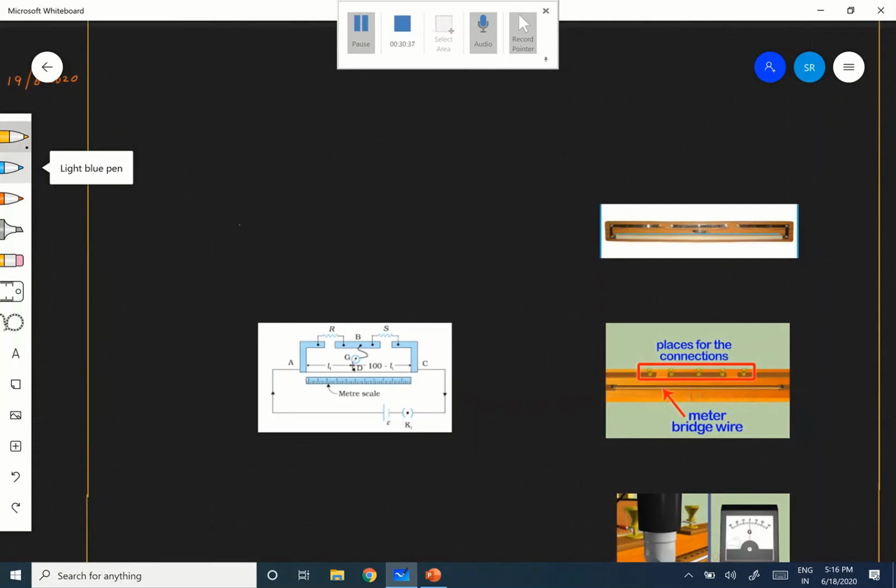See here, this is what is called the meter bridge, an application of the Wheatstone bridge.